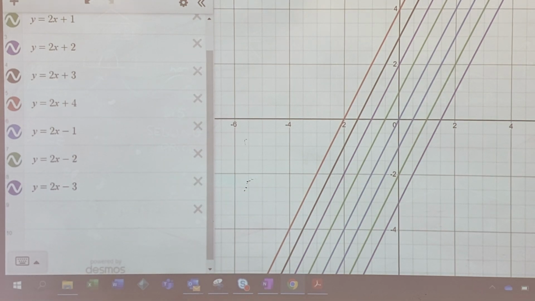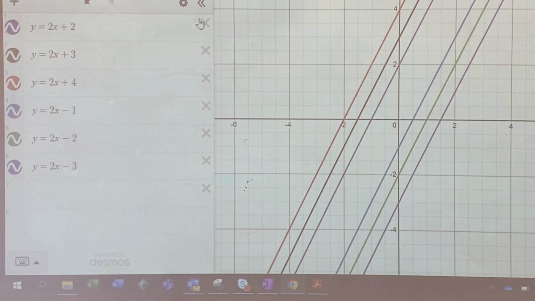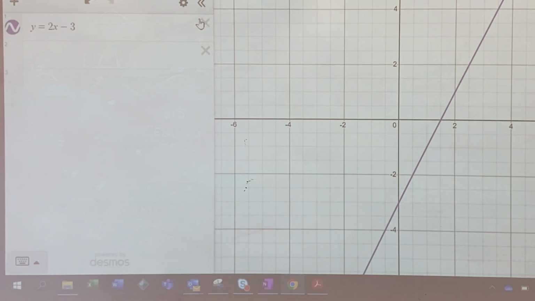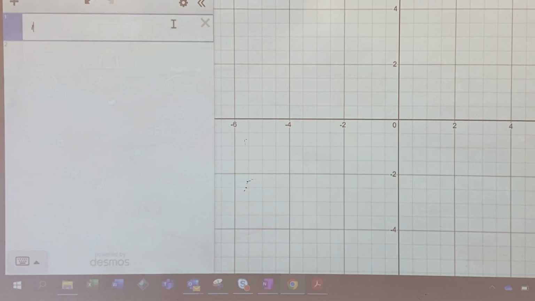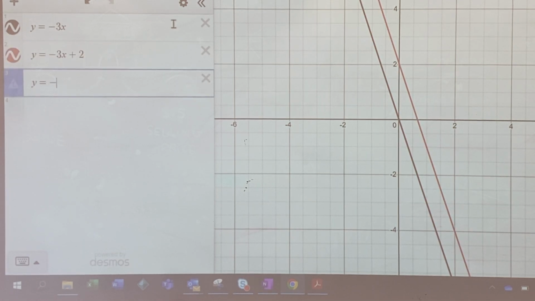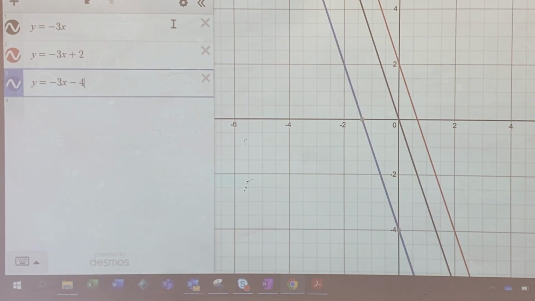The lines are parallel. If you don't believe me, let's do another one. Let's change it a little bit to see if what we've just discussed is still true. What if we say y equals negative 3x, y equals negative 3x plus 2, y equals negative 3x minus 4, something like that.